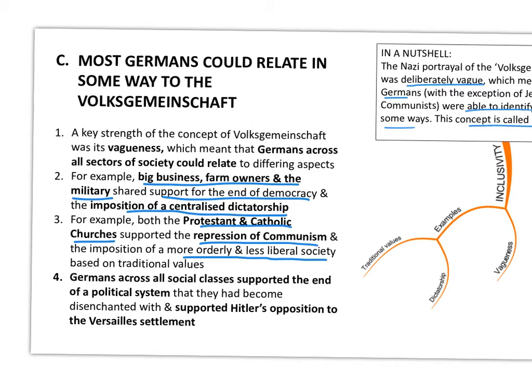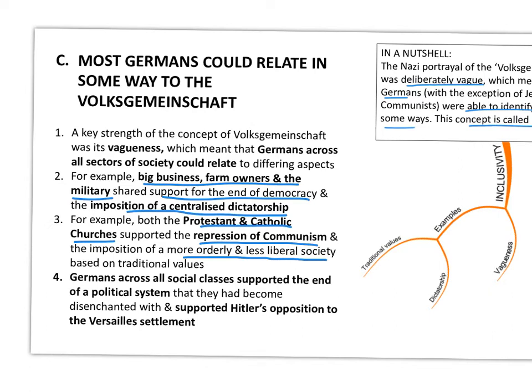Okay, it was less liberal. They'd lost the vote. There were no longer multiple political parties to choose from. But many middle classes would say, well, perhaps that's a worthwhile sacrifice, because what the Nazis have done is create a bit of law and order on the streets, that there was a desperately uncertain time before Hitler took power when we were under grave threat from the communists.